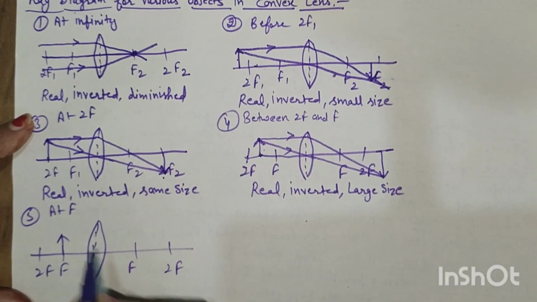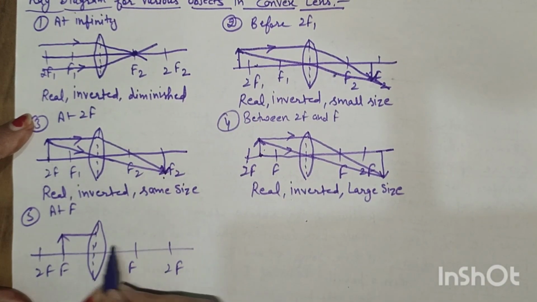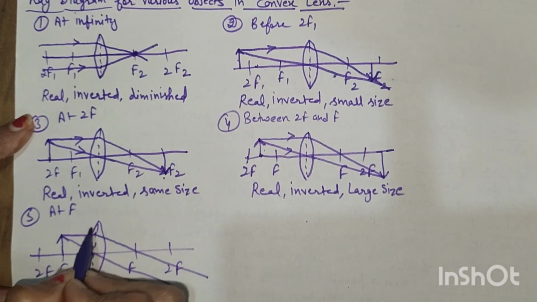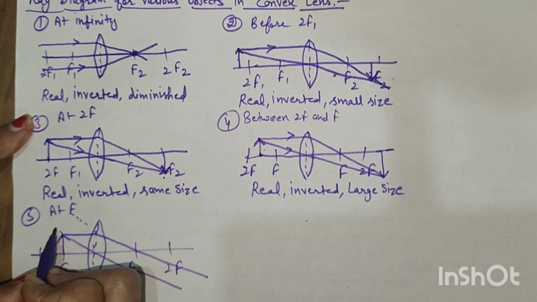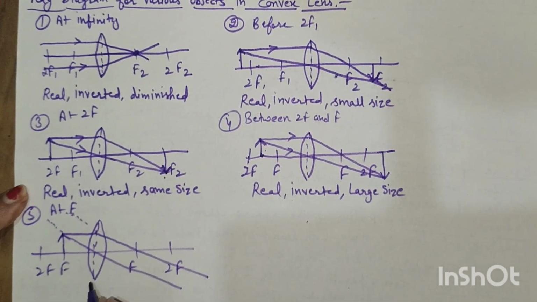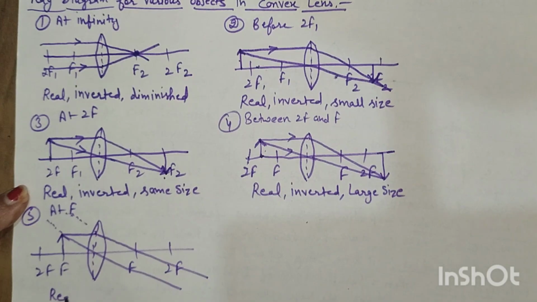Now the rays go parallel to the principal axis and pass through the focus and then pass through the optical center, and it will look like it is at infinity. The image is formed at infinity. Real, inverted and large in size.